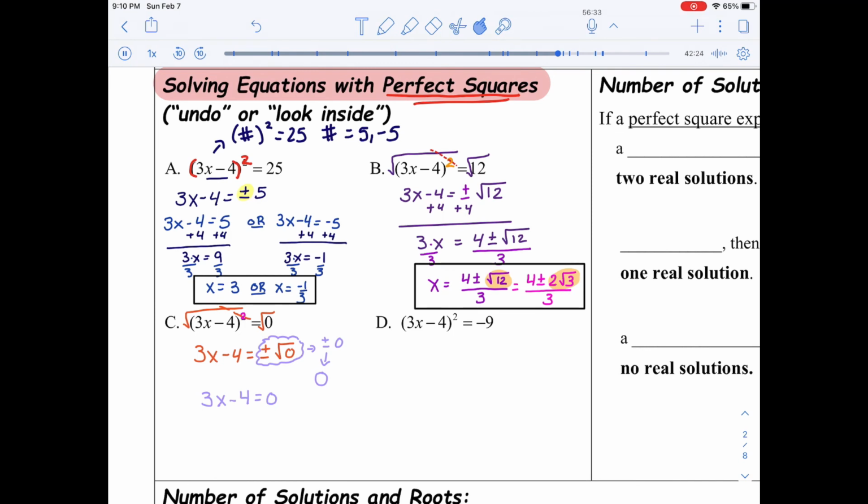Now to solve, undo subtract 4 by adding 4 to the left and the right to get 3x equals 4. Then divide both sides by 3 to undo the 3 times x to get to your final answer of x equals 4/3.